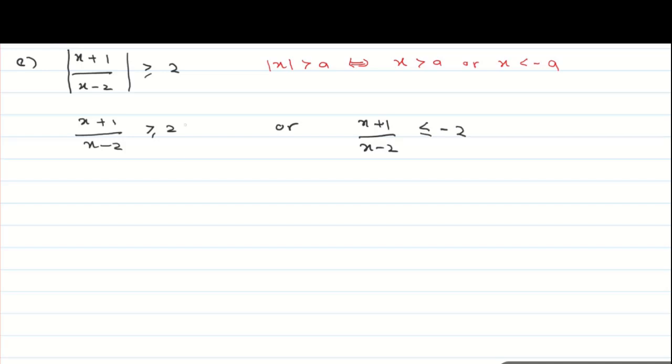So here we have a rational inequality. So remember, in a rational inequality, the first step, we have to make sure that the right side is 0. We cannot simply multiply both sides by x minus 2 because we don't know whether x minus 2 is positive or negative. So the first step should be (x plus 1) over (x minus 2) minus 2 greater or equal to 0.